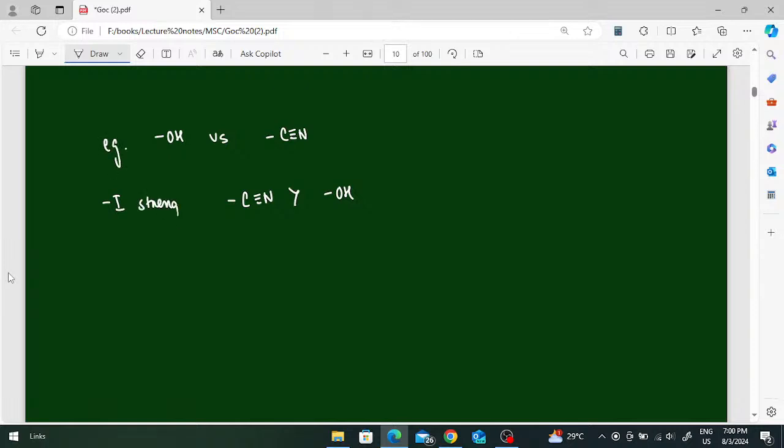Because the hybridization is sp over here, whereas it is sp3 there. So the electronegativity of oxygen sp3 will be less than that of carbon sp.